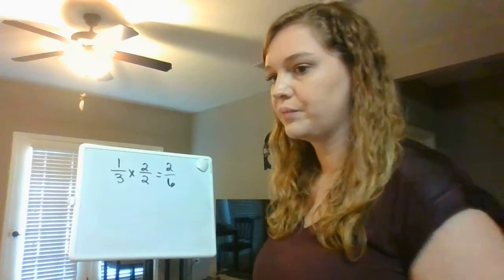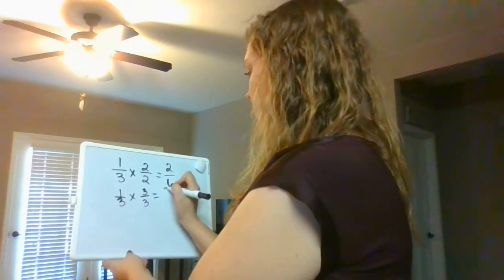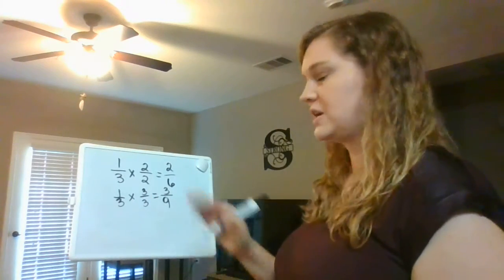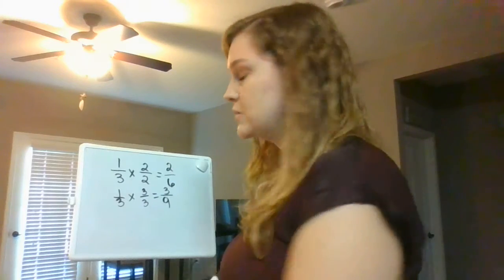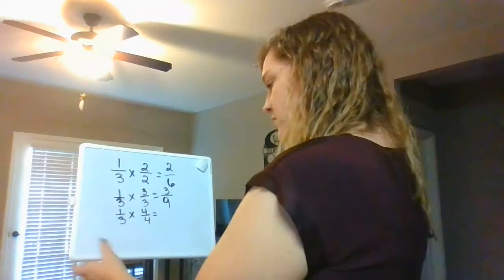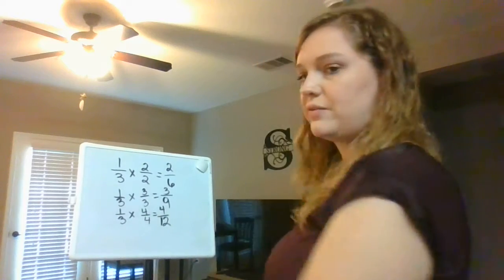Let's continue. 1/3 times 3/3. 1 times 3 is 3. 3 times 3 is 9. 3/9. So 2/6 and 3/9 are equal to 1/3. We'll keep going. 1/3 times 4/4. 1 times 4 is 4. 3 times 4 is 12. 4/12.